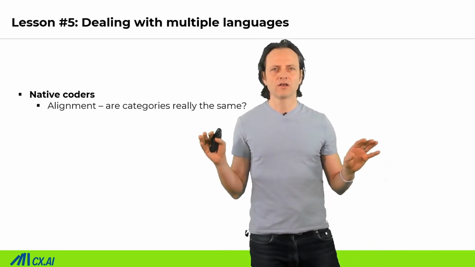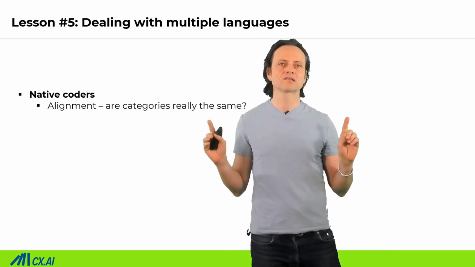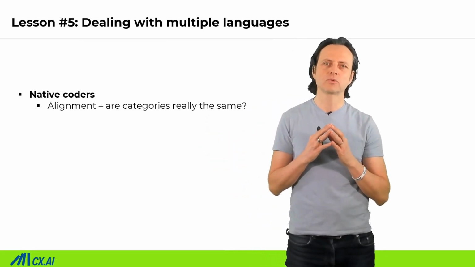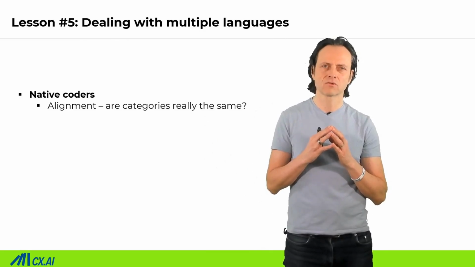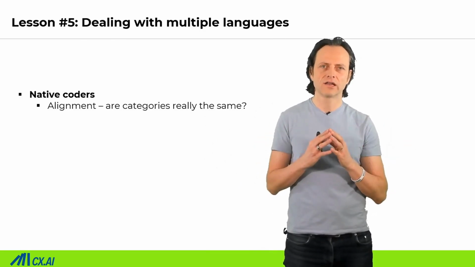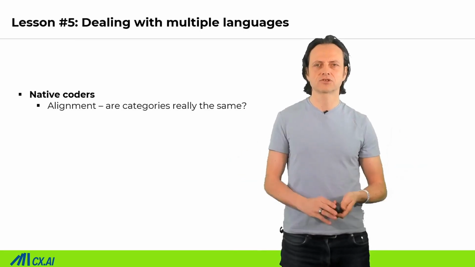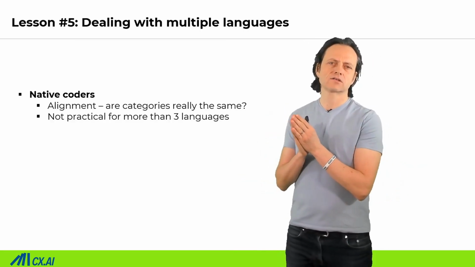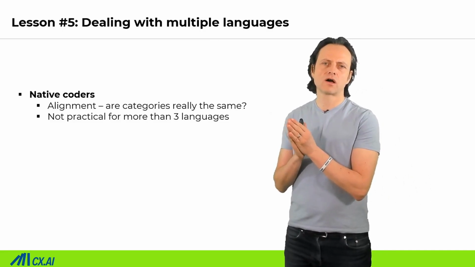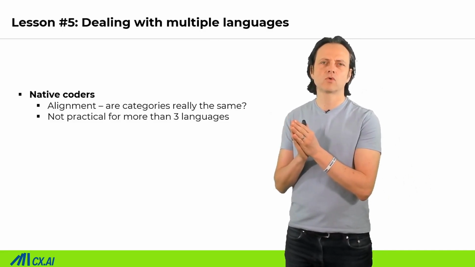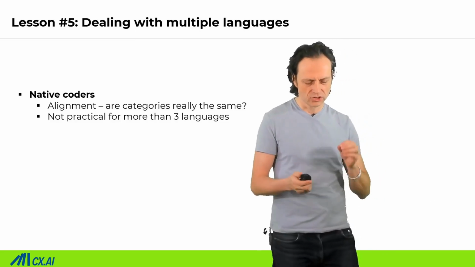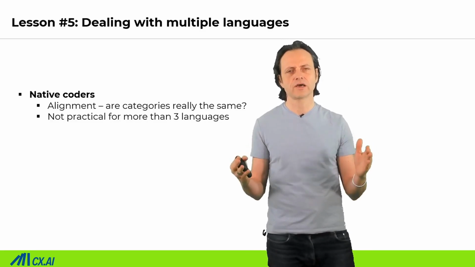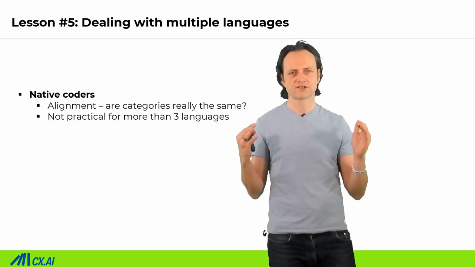So it's basically impossible to have a 100% match of understanding between categories between languages. That's the truth. That's why I would not recommend using native coders if you have more than 3 languages, because those native coders need to communicate. They need to make sure they understand all categories the same way.